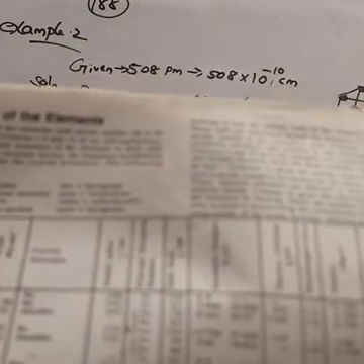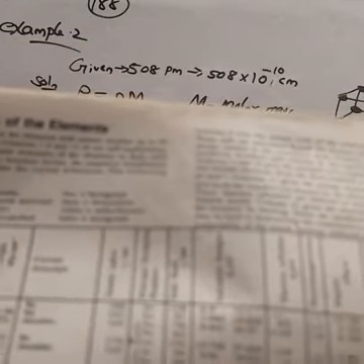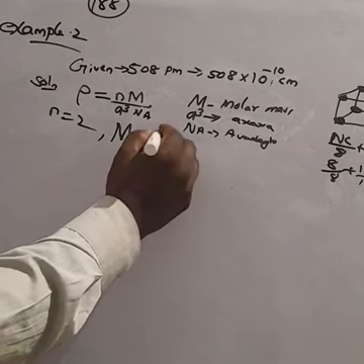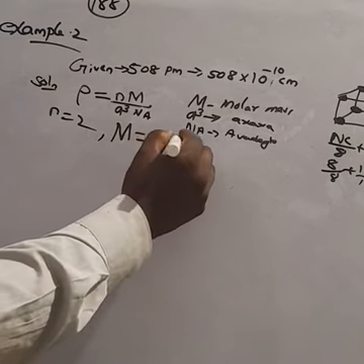For barium, the atomic number is 56, and the atomic weight here is 137.34. Have you seen that one? 137.34.